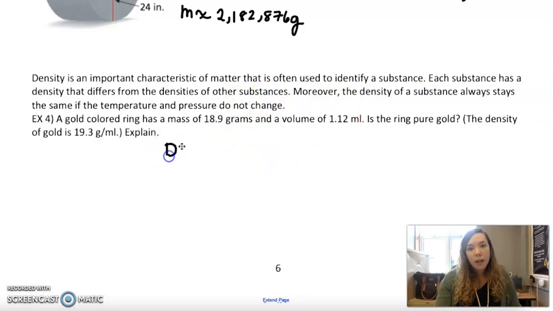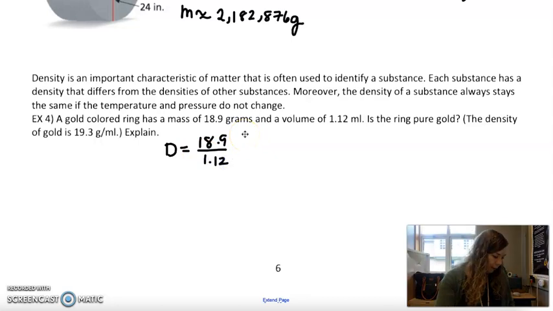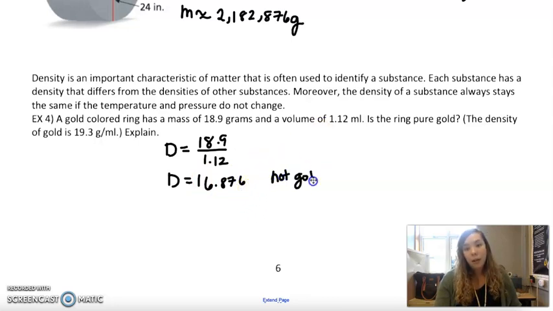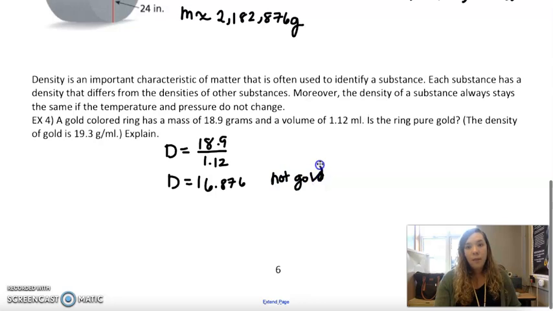So we'll just go ahead and find the density by taking 18.9 over 1.12. And it looks like we get 16.875. So that would mean that it is not pure gold, because it's not equal to our 19.3 here.